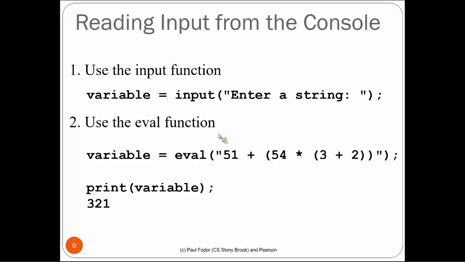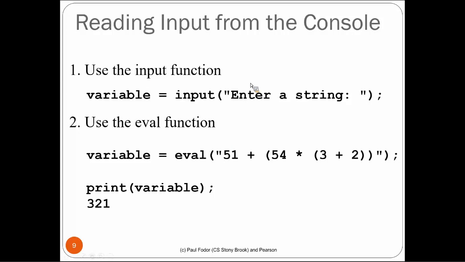There are two functions in Python that we will learn later this semester. One is called eval, the other one is called representation, or repr. Basically, these two functions are used for evaluating strings that may represent either numbers or expressions, like the one that we have there.